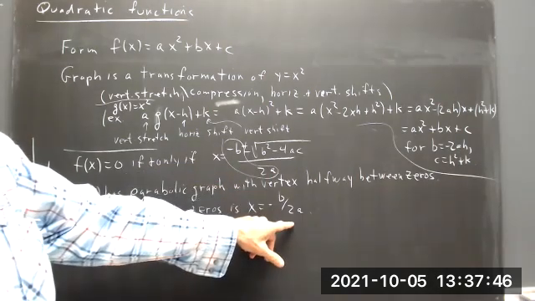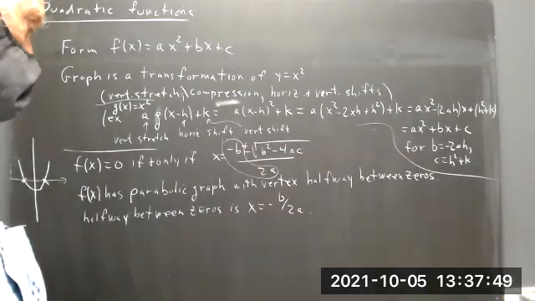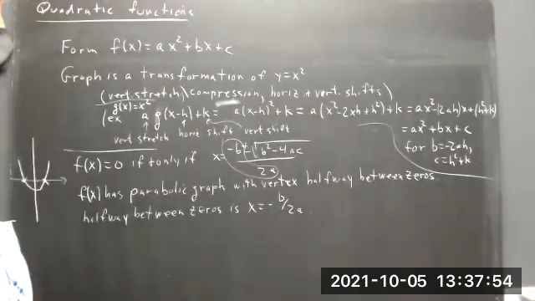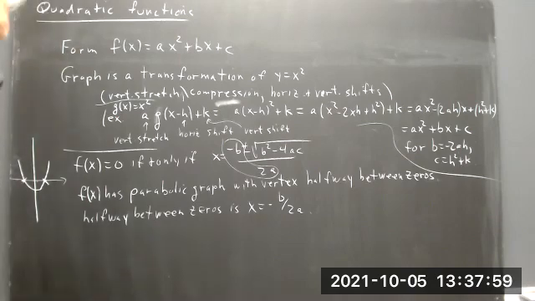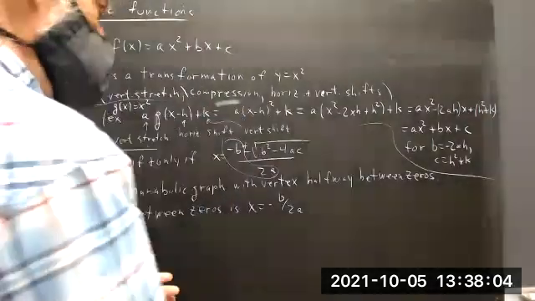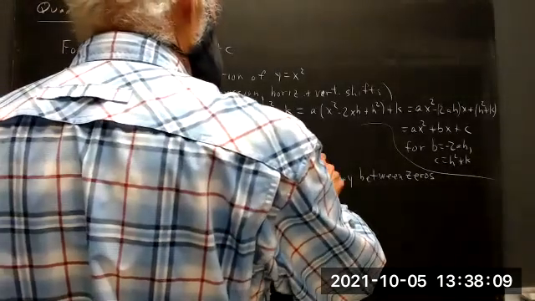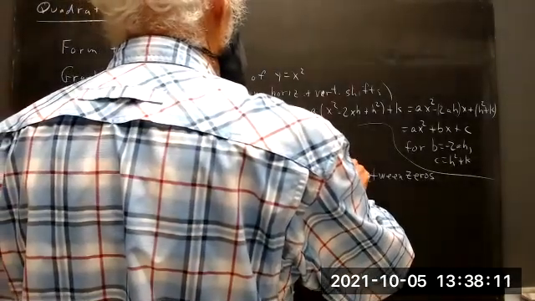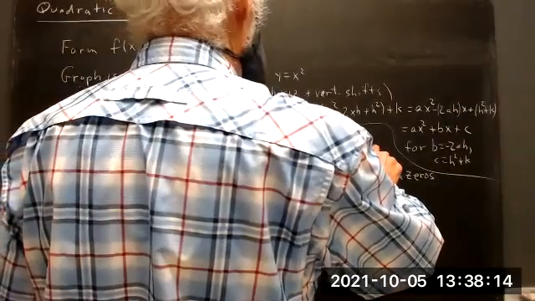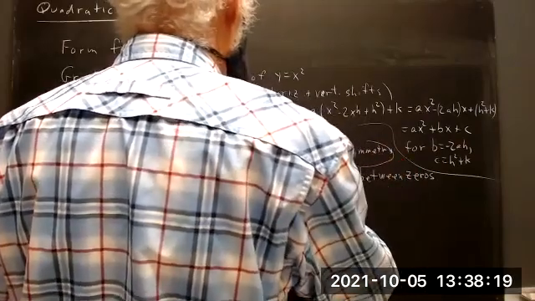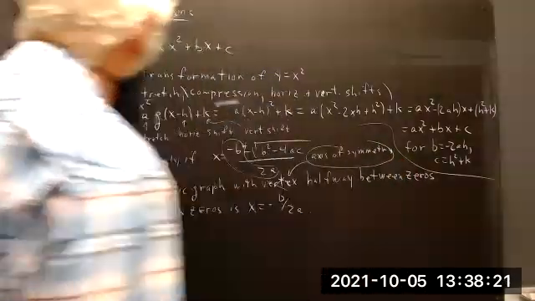If x is negative b over 2a, you are on the axis of symmetry. And really, when I said the vertex is halfway between the zeros, I should have said the axis of symmetry instead of vertex.